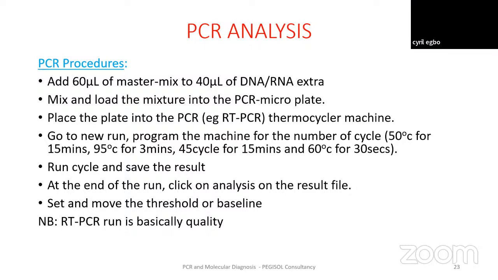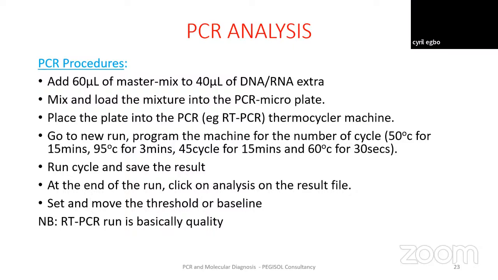But when you are programming for DNA amplification, the program is different. The first program that you see for DNA is that the machine will be programmed first for either 95 to 96 degrees centigrade. First. Why? Because it's a DNA template that needs to be denatured to release the strand, to divide the strand into two.